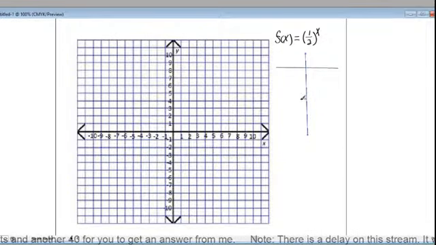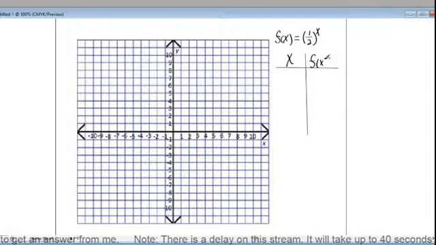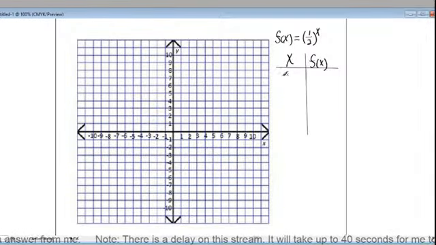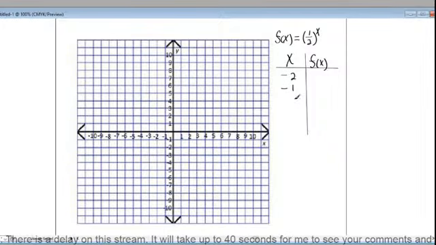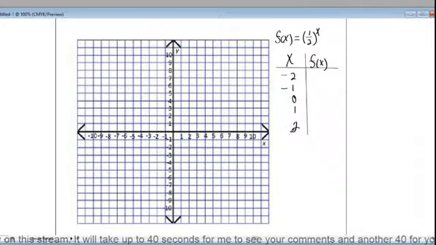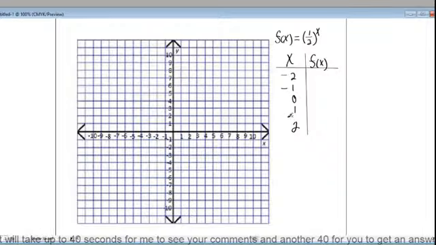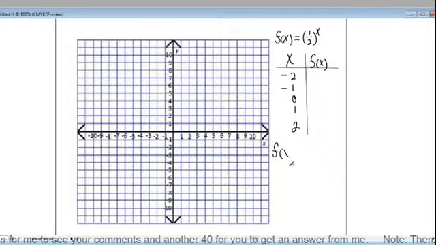All right, so x on this side, f of x on this side, and same values, -2, -1, I'm sorry, 0, 1, and 2. Okay, so let's start with -2. Well, again, let's calculate this out step by step.